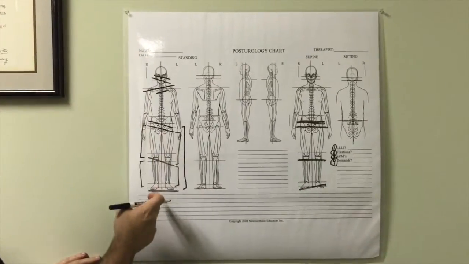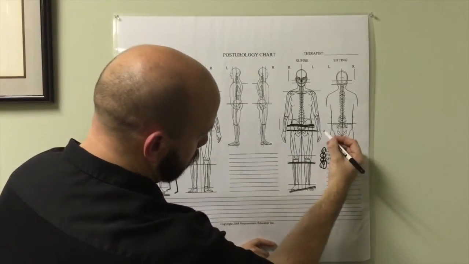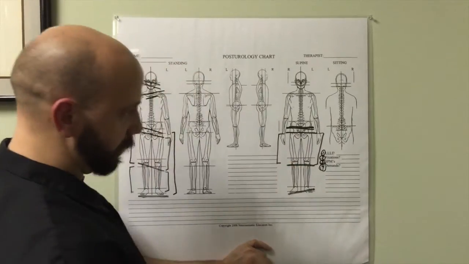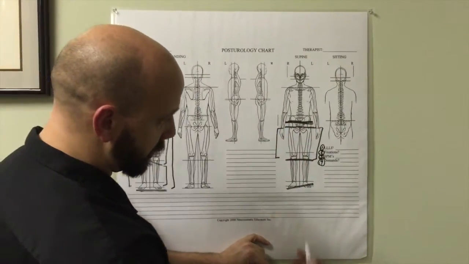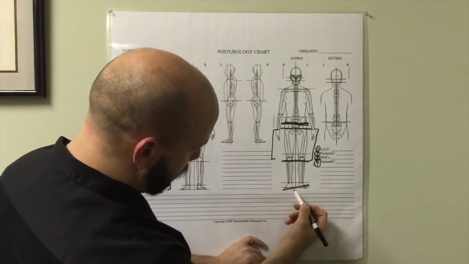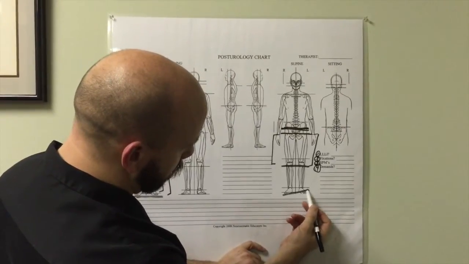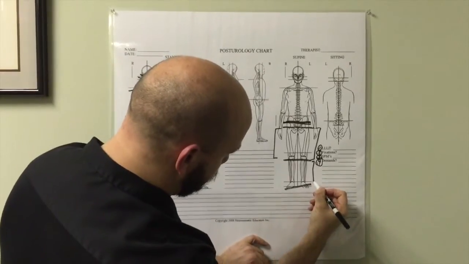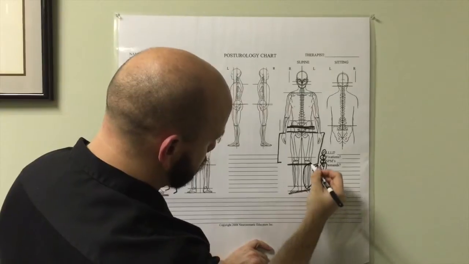Taking the same process, we look for parallel lines, and we can see that the femurs are both the same length because the greater trochanter is parallel to the tibial tuberosity. Then we move down to the last one and we don't see parallel lines. We see a superior left heel pad and an inferior right heel pad, so that would again indicate that the left tibia is the shorter side.